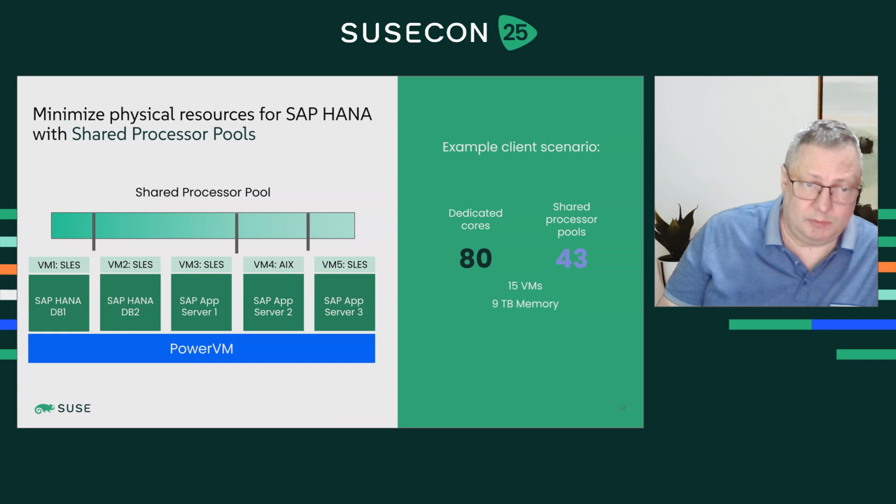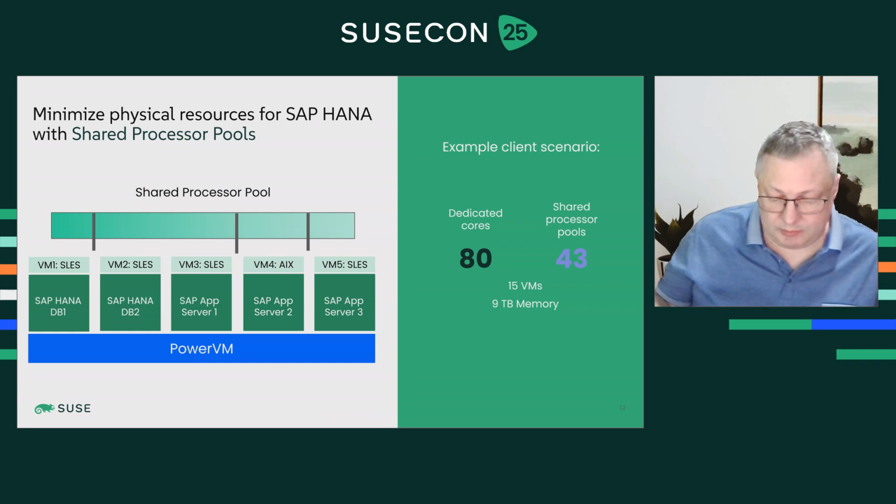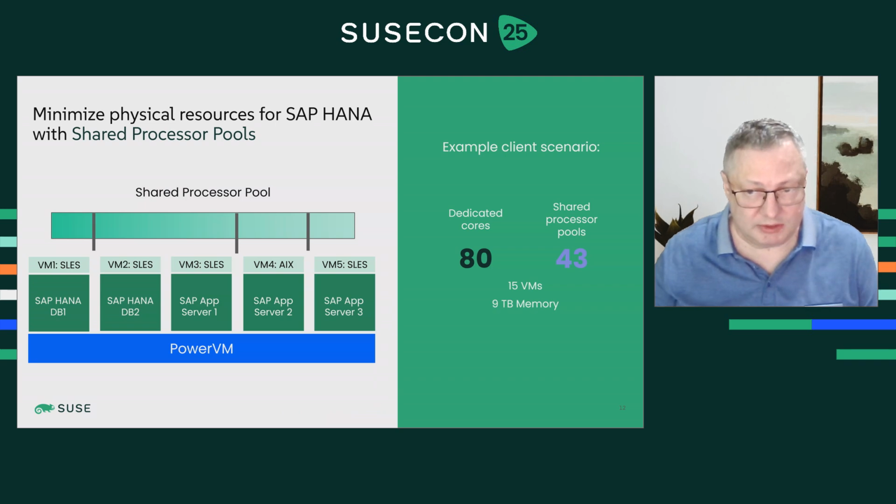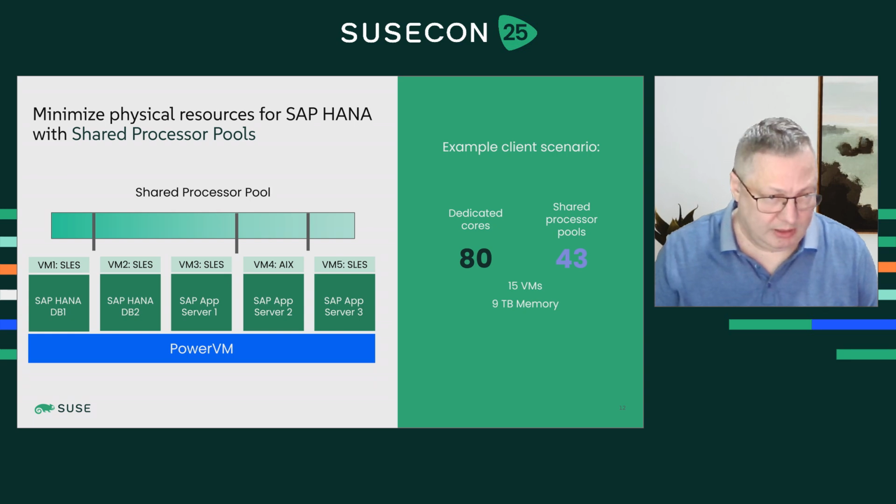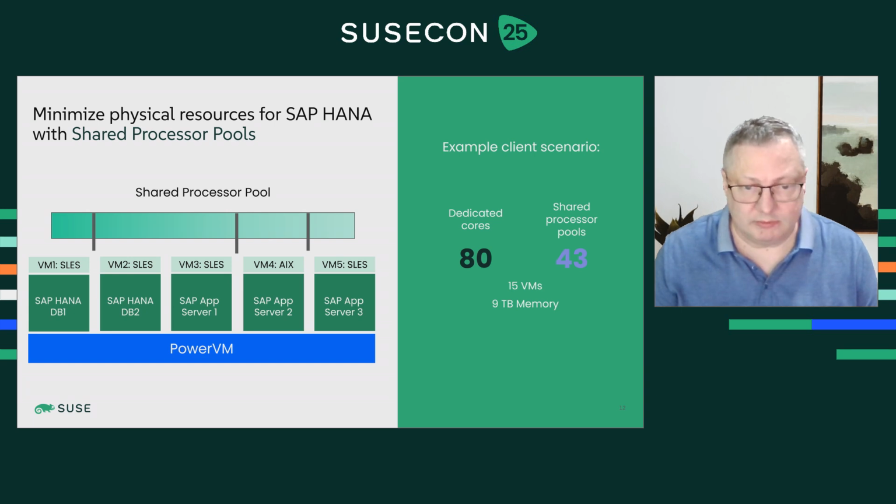So very interesting capability. The second one that's a big plus for all customers, including SAP customers, is what we call the shared processor pool. So this is the ability to create a pool of compute resources, and have that pool shared by multiple virtual machines. So you see here the example on the left-hand side. You've got 5 virtual machines on the same pool, 4 of them running SLES, 1 of them running AIX.